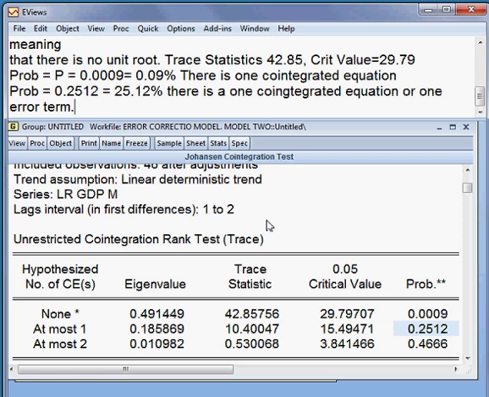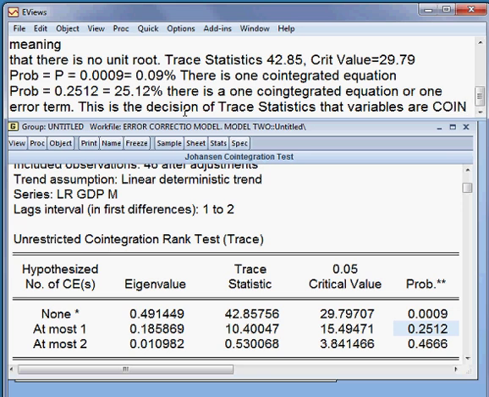This is the decision of the trace statistics: the variables are co-integrated, and there is one error correction term to correct the error.